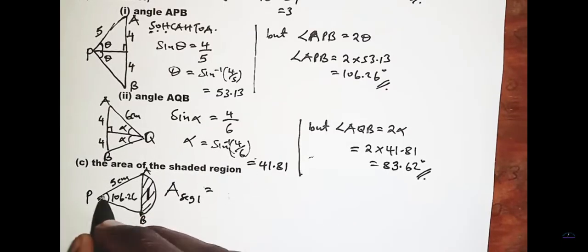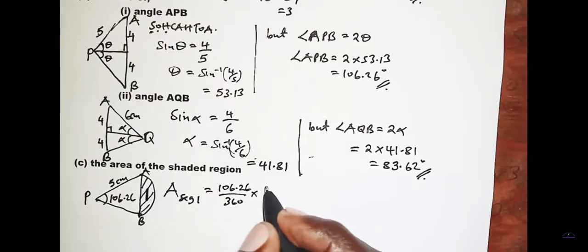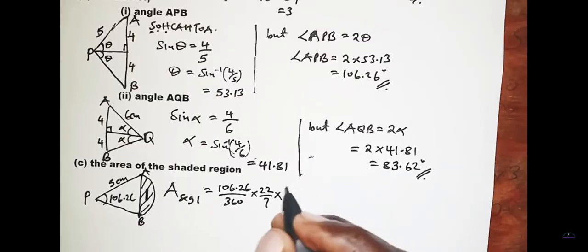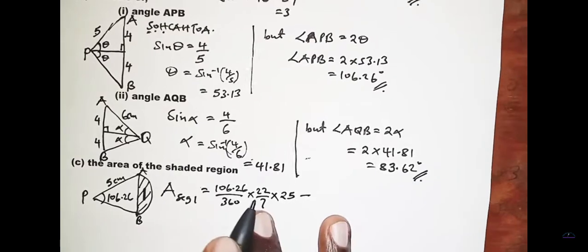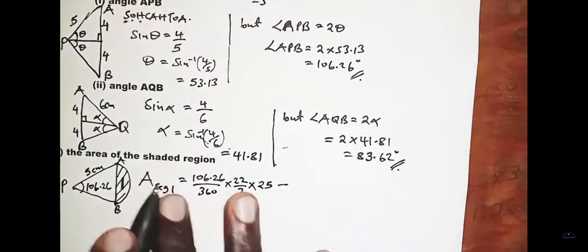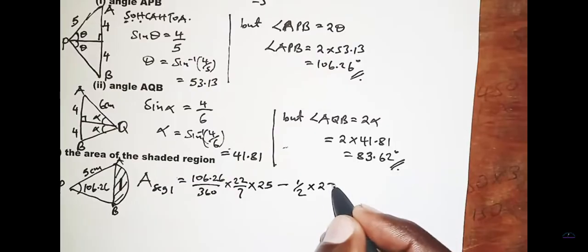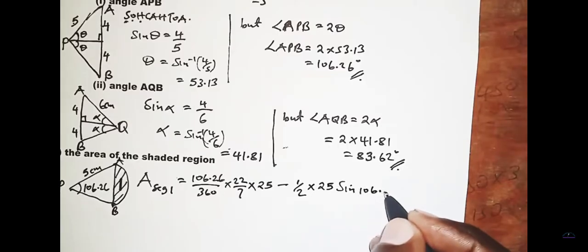So we are going to have area of a sector given as theta over 360 pi r squared, and that is times 22 over 7 times the radius squared. So that is 5 squared, 25, minus the area of the triangle. So we have a half the radius squared, 25, sine 106.26.